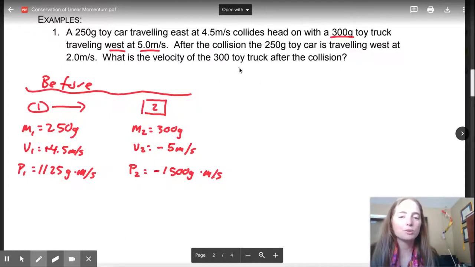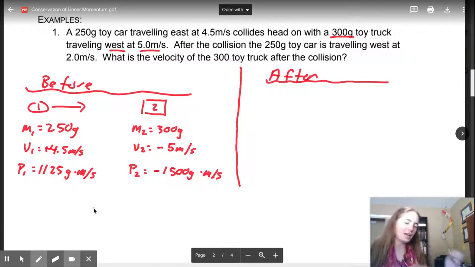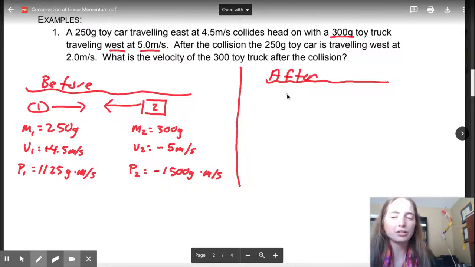Okay, so now I'm going to draw a vertical line here to separate these, and I am going to write "after." So this is going to be after the vehicles have collided. So I've drawn my arrow on my vector diagram. So when we see what the scenario is after the collision, have these things stuck together or have they come apart?